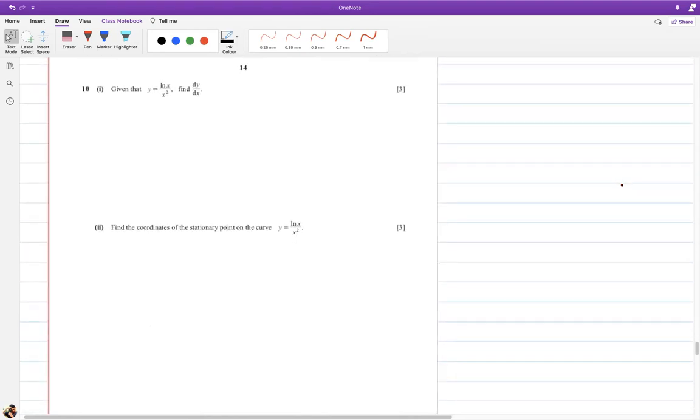All right, y is ln x over x squared. We can simply divide this into u over v. u is ln x and v is x squared. u prime is going to be 1 over x and v prime is going to be 2x.